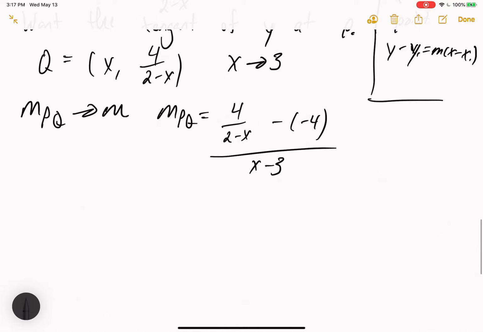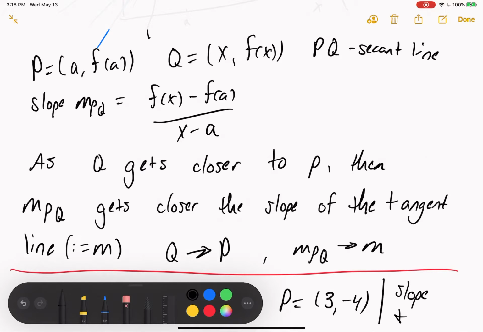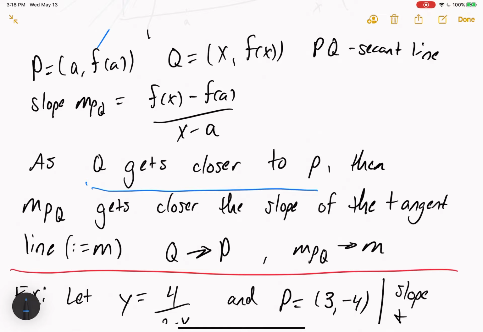Now, saying this right here is not really rigorous at all, but we're going to get there. I promise. What we said here is, as q gets closer to p, then mpq gets closer to the slope of the tangent.